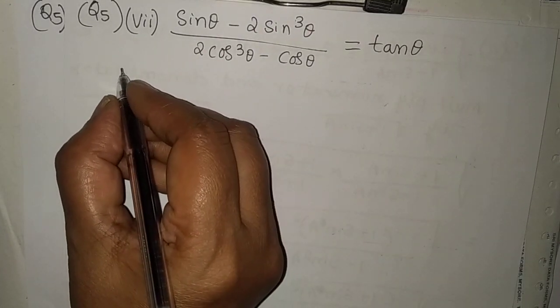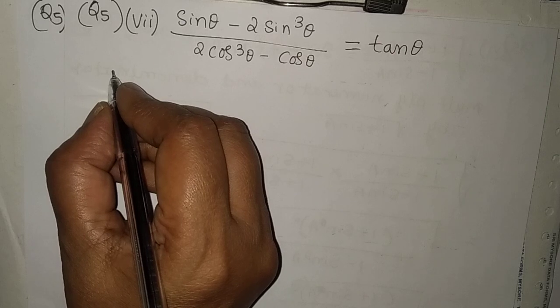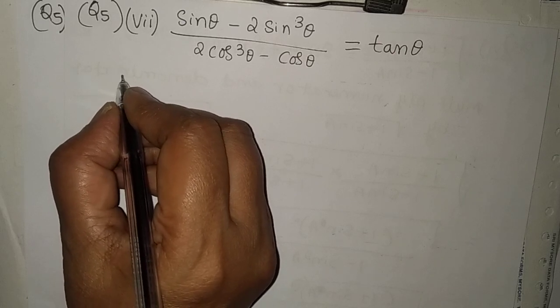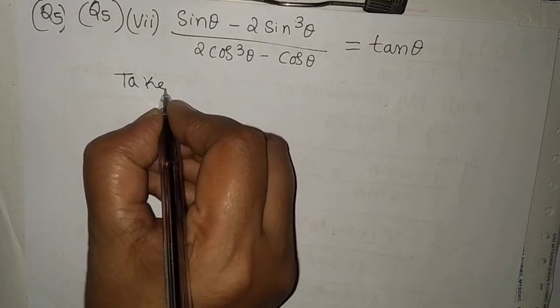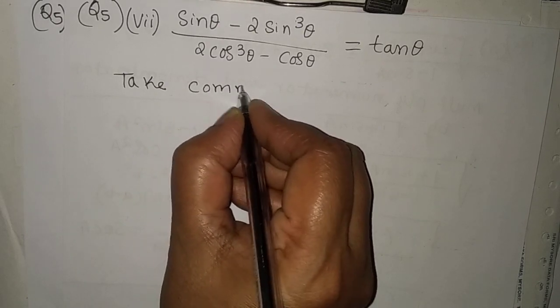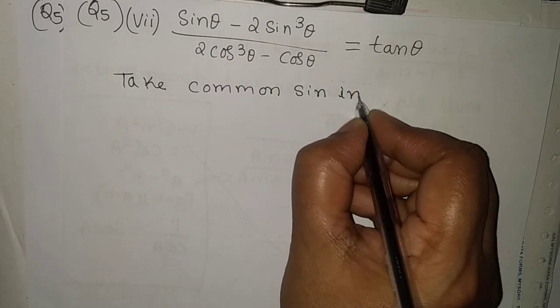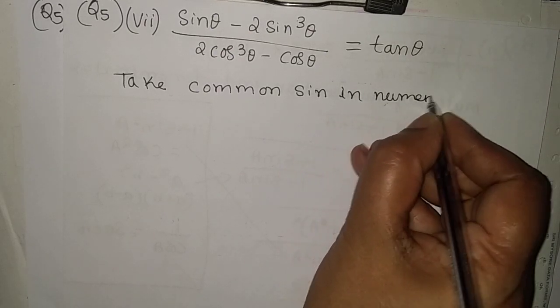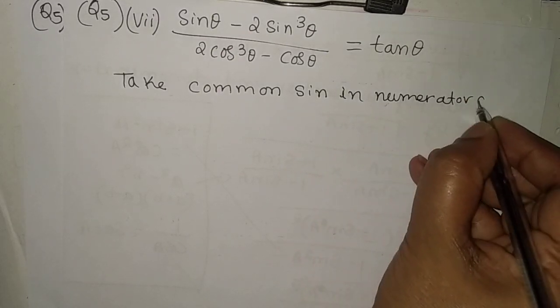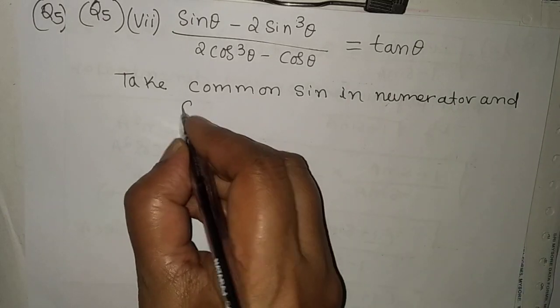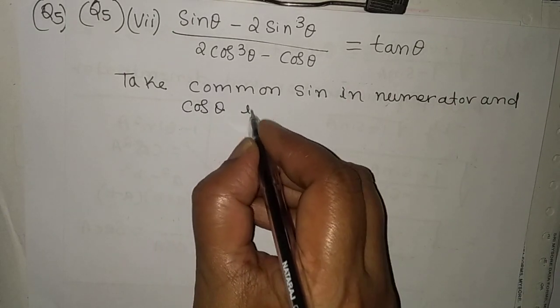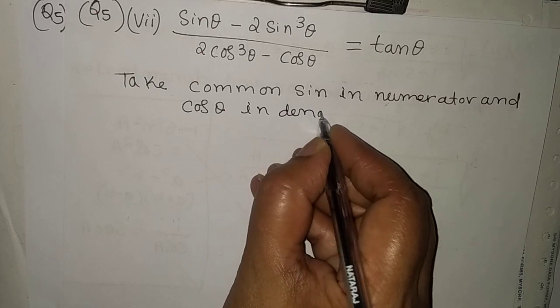So first step is take common, that is sin theta in numerator and cos theta in denominator.